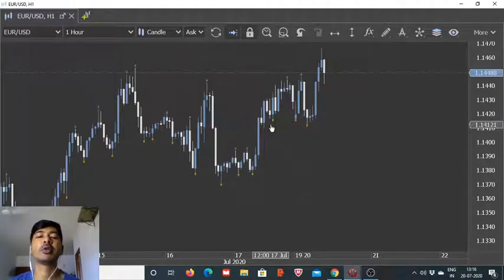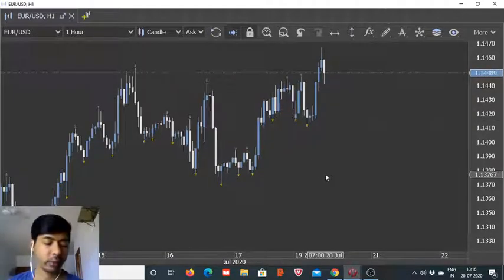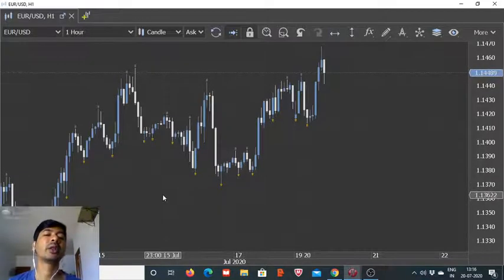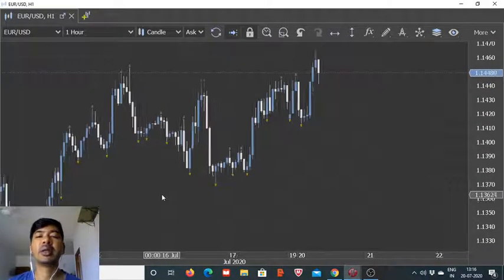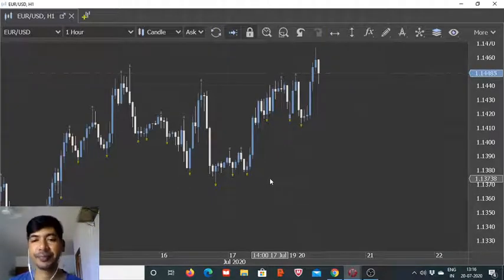So that is also a possibility. So you have to be careful and use other indicators in conjunction with the fractal.